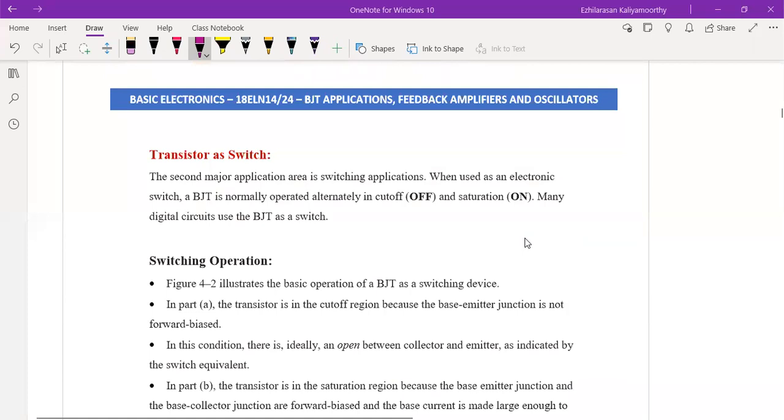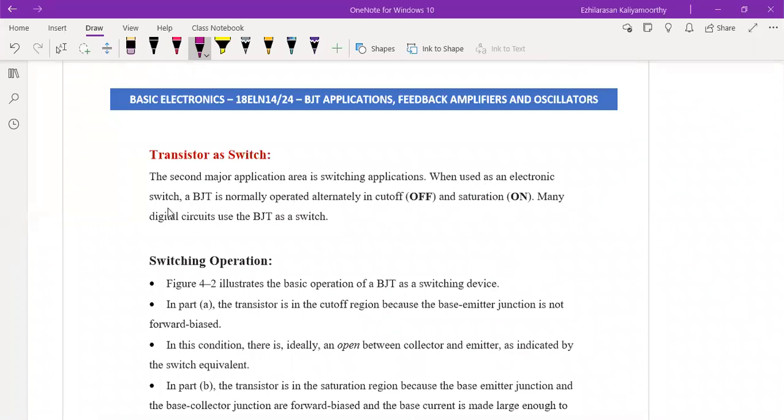Next, we'll see how the transistor acts as a switch. This is one of the very major application areas, the switching application. When the transistor acts as a switch during the cutoff mode, or I can say completely turned off, it acts in cutoff mode.